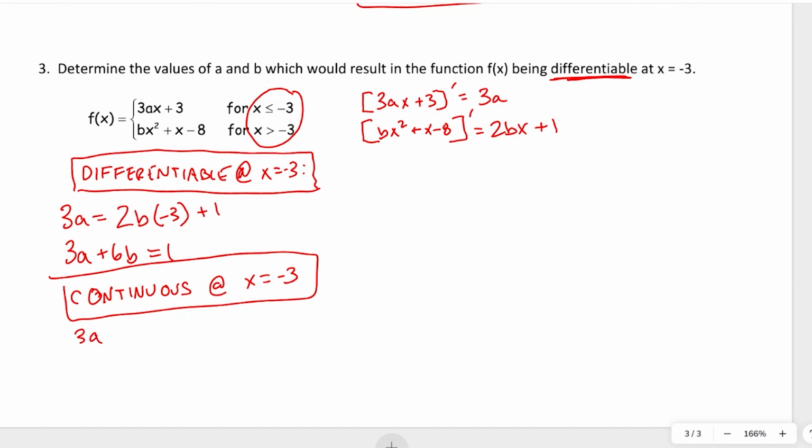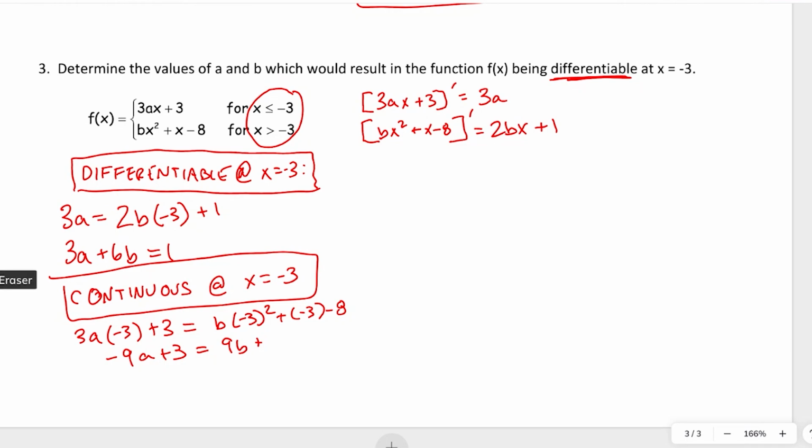So we'll set those equal to each other. 3 times a, and then the x is going to be -3, plus 3 equals b times -3 squared plus -3 minus 8. And simplifying this is going to give me -9a plus 3 equals 9b... oh, no, that's not times.